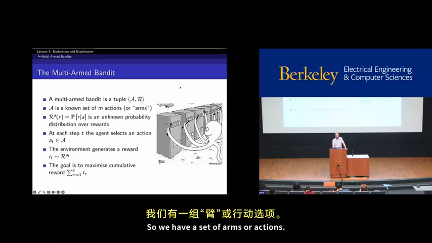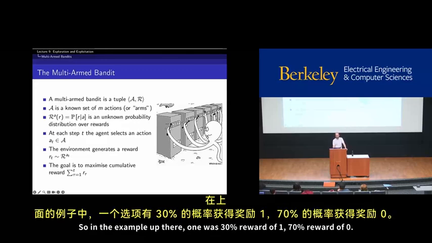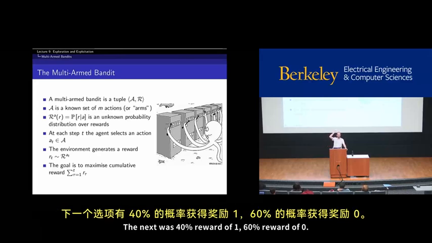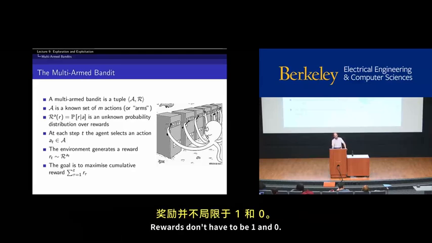So we have a set of arms or actions, and then each one comes with its own reward distribution. So in the example up there, one was 30% reward of 1, 70% reward of 0. The next was 40% reward of 1, 60% reward of 0, and the third was 50-50 reward of 1 versus 0. Rewards don't have to be 1 and 0, they could be any numbers.